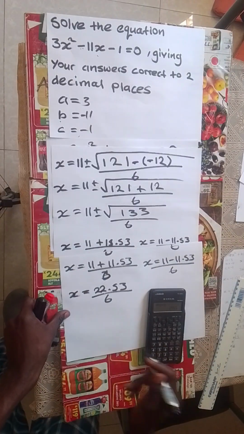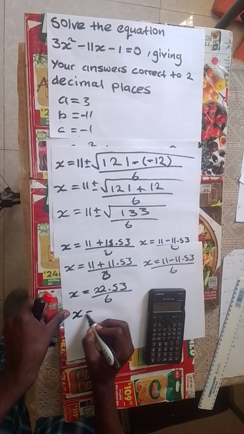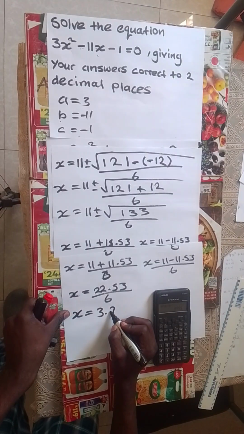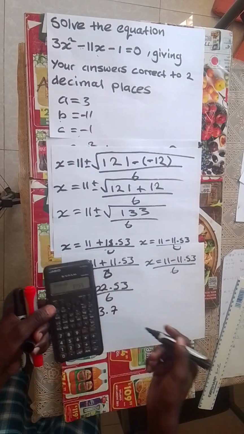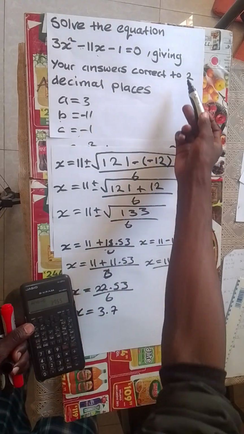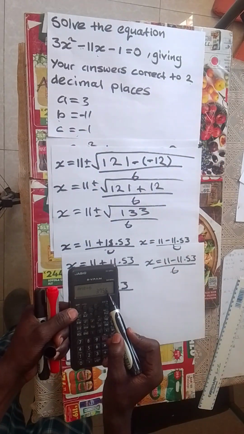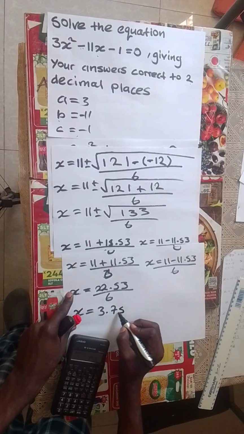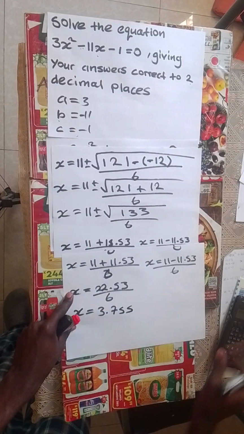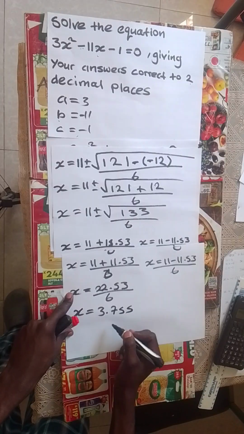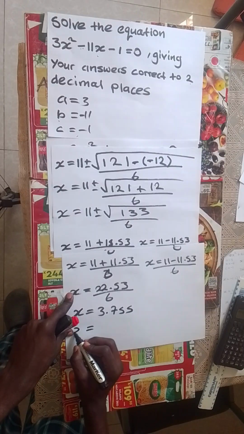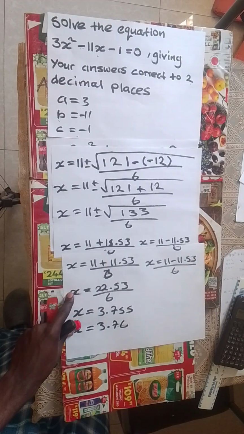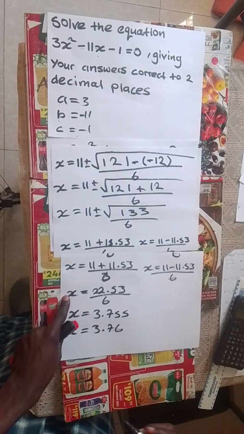When I divide by 6, I am getting a 3.755. So they told us we have to leave our answer in two decimal places. So I'm going to round off the 5. So this is going to be 3.76.